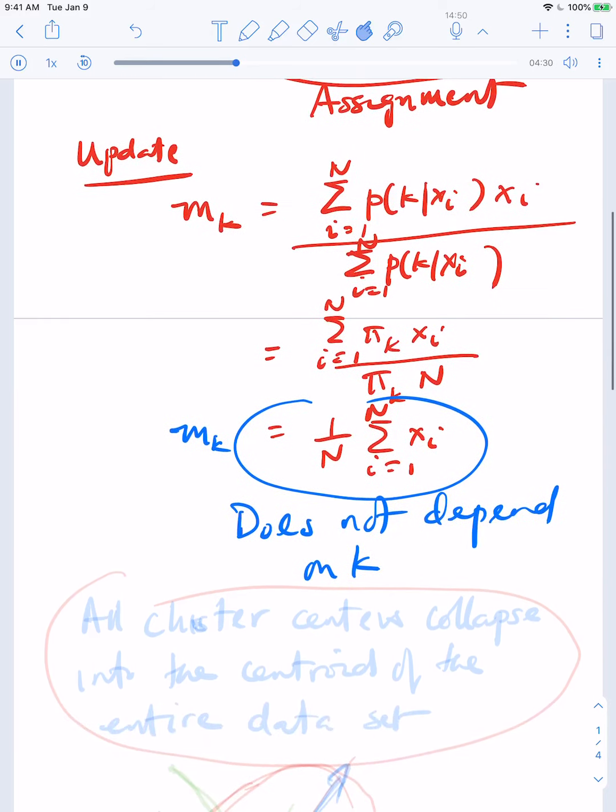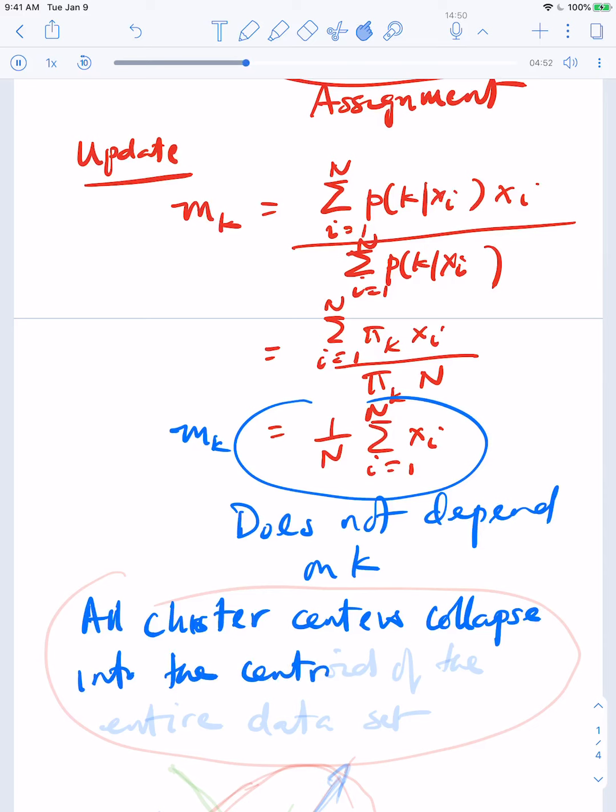It means that even if you started with different cluster centers, all cluster centers collapse into one, into the centroid of the entire data set.